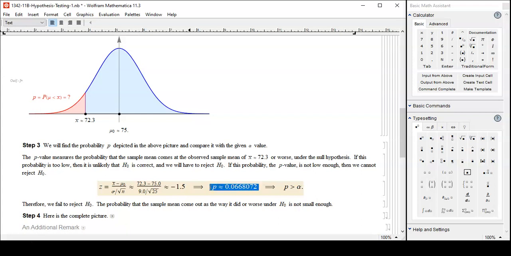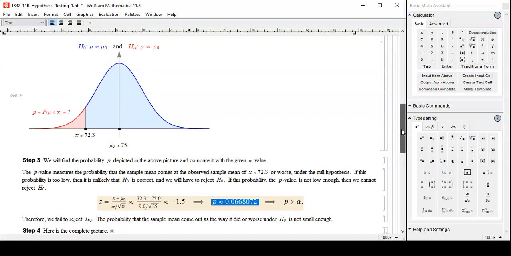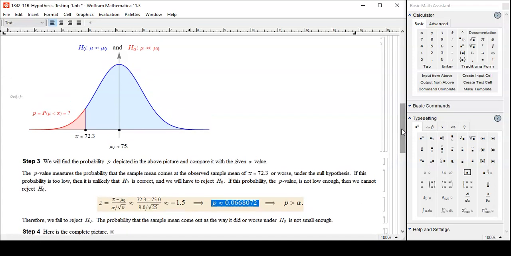And that probability, which I'm going to leave to you because by now, working out the z-table should be comfortable for everybody. So you should be able to do this and get up to 4 decimal digits, all right? And then that's greater than alpha. So the probability of type 1 error is too big.